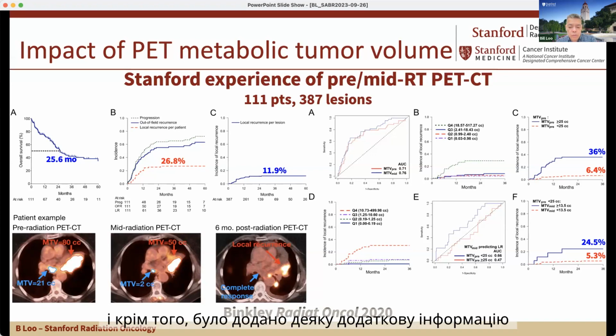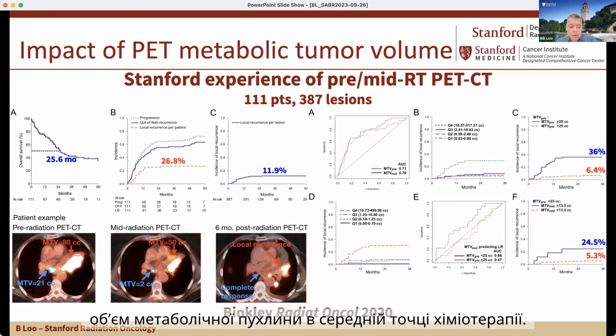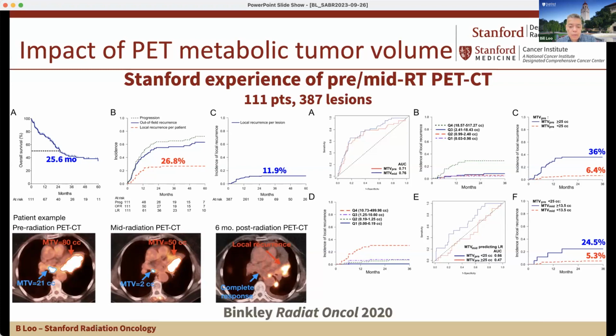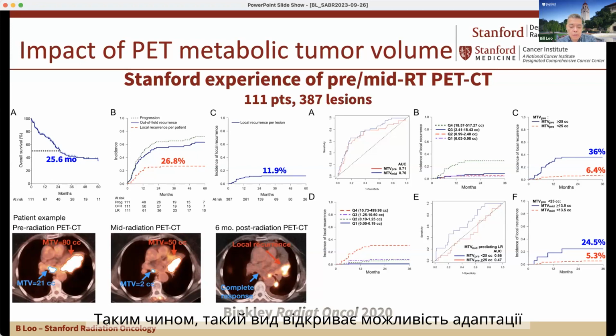And in addition, there was some additional information added by the metabolic tumor volume at the mid-treatment point in chemoradiation. So this opens the possibility of adapting the radiation on a per lesion basis to metabolic tumor volume.